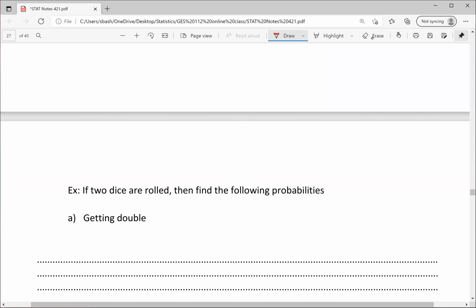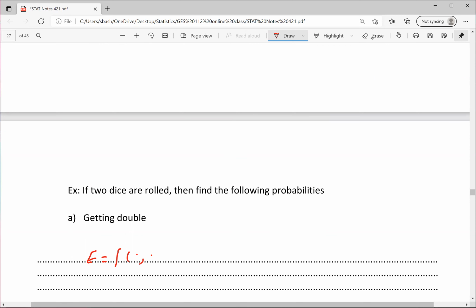If 2 dice are rolled, then find the following probability: getting a double. Getting a double means having the same number.